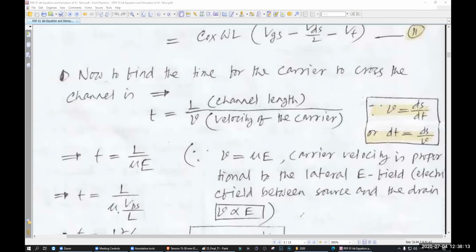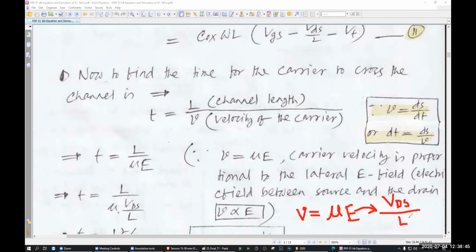Since it is proportional, we can write V equals mu E. This V is not voltage, this V is velocity. E is the electric field, mu is the mobility. E is VDS divided by L, voltage per unit length, that is the electric field.